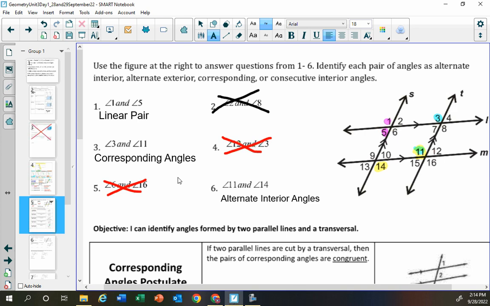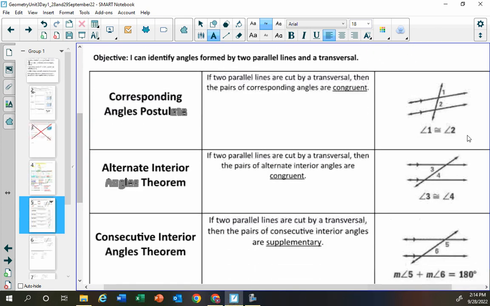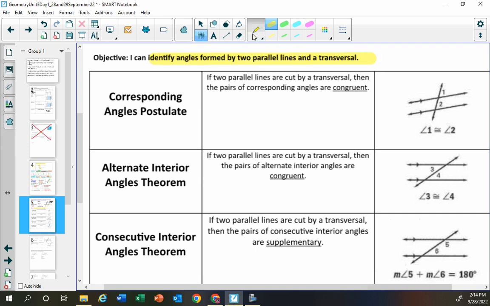These rules about supplementary or congruent are only going to work if this line crosses 2 parallel lines. So I want you all to highlight this part right here. This has to happen. Two parallel lines, you must have with that transversal.